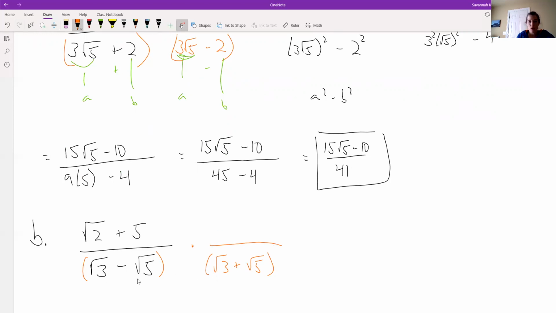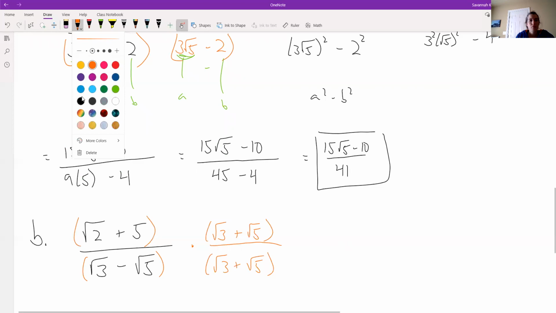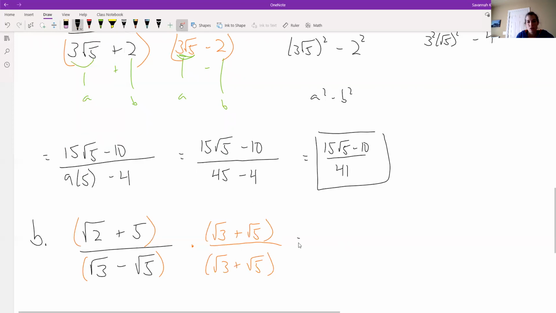All the construction that I'm doing is focused on the denominator. But the denominator that I construct has to be mirrored by the numerator, otherwise the fraction won't equal 1. And then more parentheses needed. This is a minus b. This is a plus b.